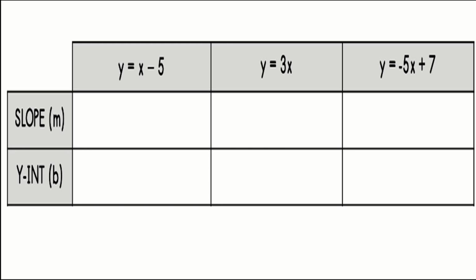So what's my slope on the farthest left one, Lackey? 1 is correct. There's no coefficient, that means the coefficient's 1. What about my y-intercept for that equation? Chastity. -5 is correct.